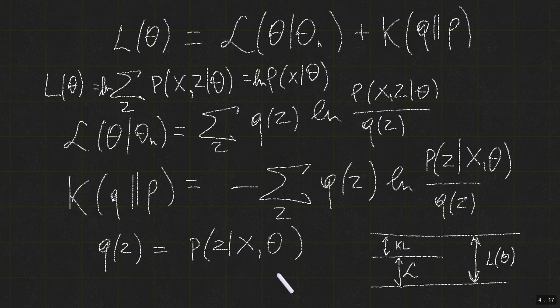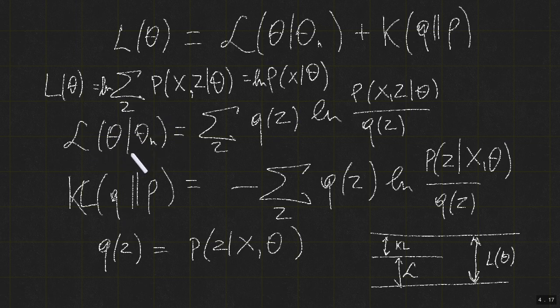When we estimate the posterior distribution, we set KL divergence to 0, and now our maximum likelihood is completely defined by the lower bound. So notice Q is here as well in the lower bound. So once we change the Q and set KL divergence to 0, we also change the lower bound.